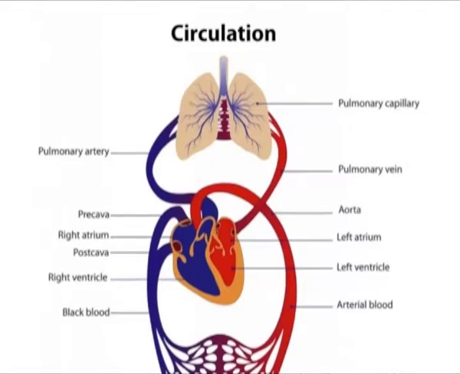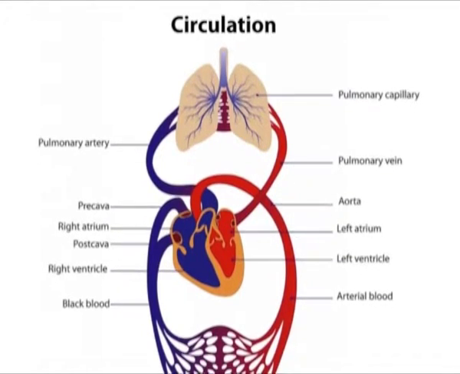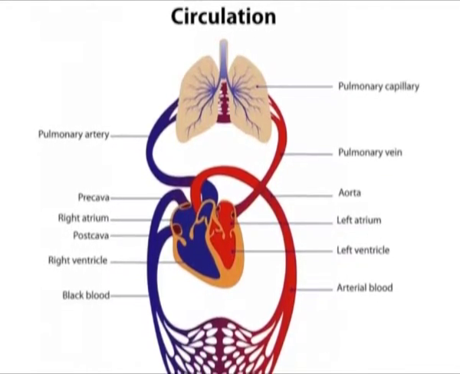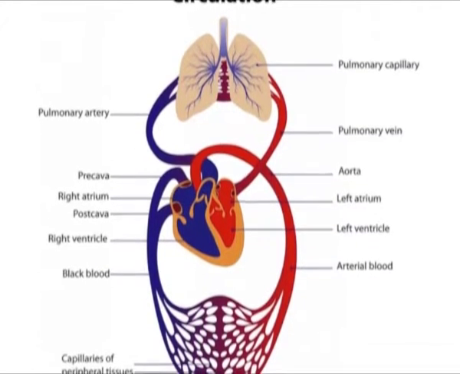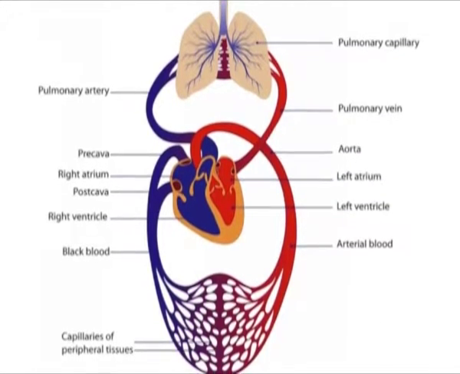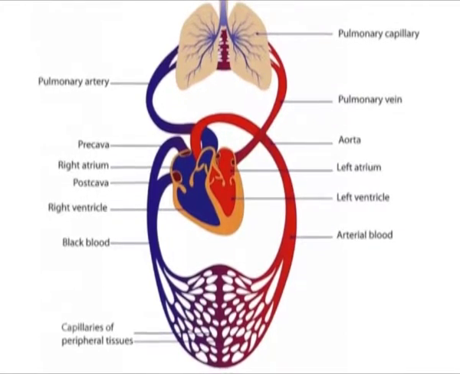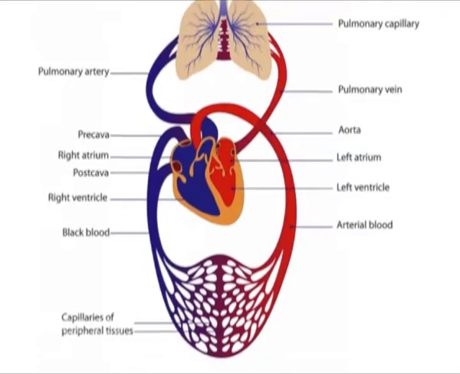The heart functions as a pump in the circulatory system to provide a continuous circulation of blood throughout the body. The cardiovascular system is composed of two circulatory parts, namely the pulmonary circulation, which is the circuit through the lungs where blood is oxygenated, and the systemic circulation, which is the circuit through the rest of the body receiving the oxygenated blood.